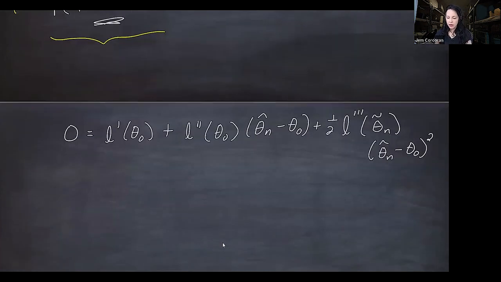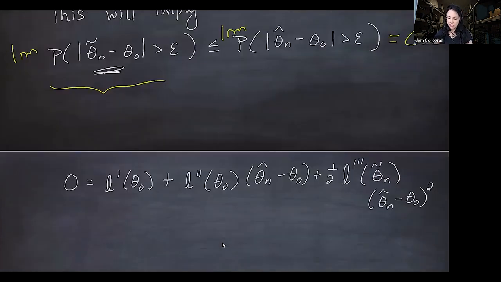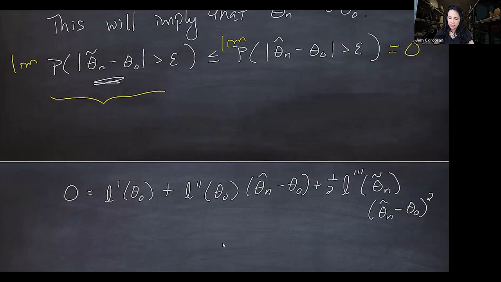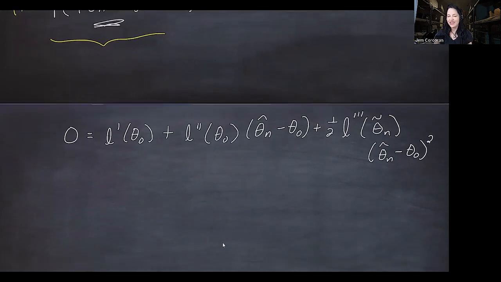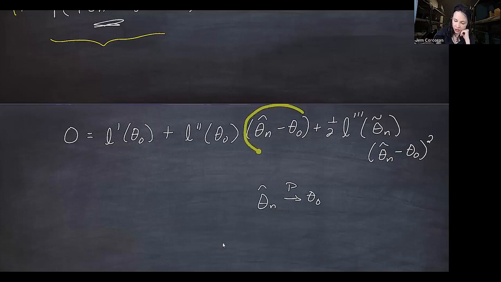So because theta n hat is converging in probability to theta naught, as n gets large, this term is going in probability to 0.